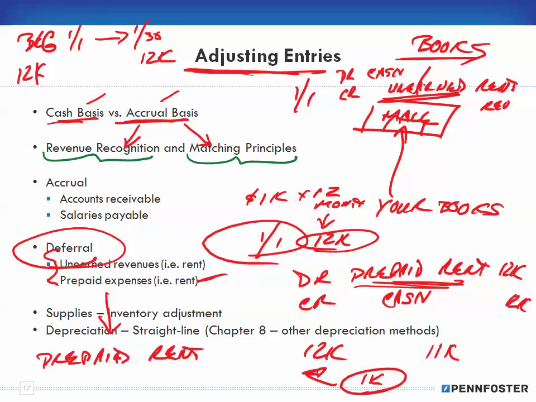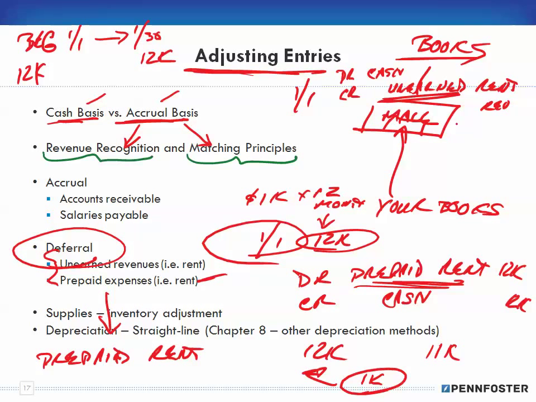And the same thing is going to happen on the books for the mall. They're going to look and say, "Oh, unearned rent revenue. Well, we earned 1,000 of that." If that person said, oh, I want to leave the mall now, closing up shop, we'd have to give back the 11,000, but they'd keep the 1,000 for the month of January.